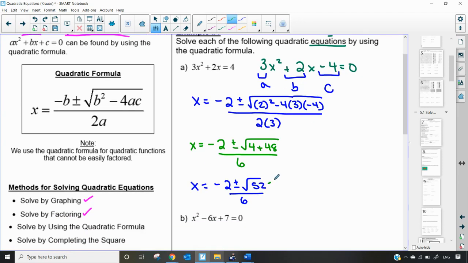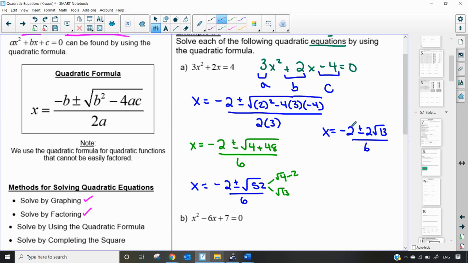Now 52 can be broken down because root 52 is the same as root 4 times root 13, and then root 4 breaks down to 2. So simplifying this, we would have x equals negative 2 plus or minus 2 root 13, all divided by 6.